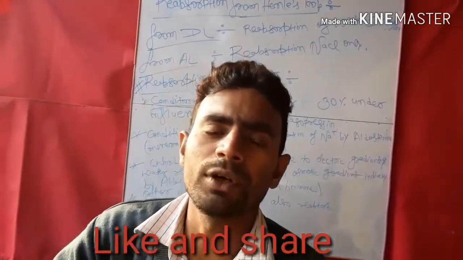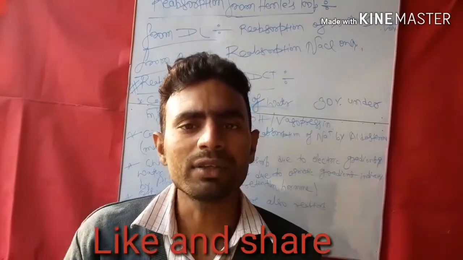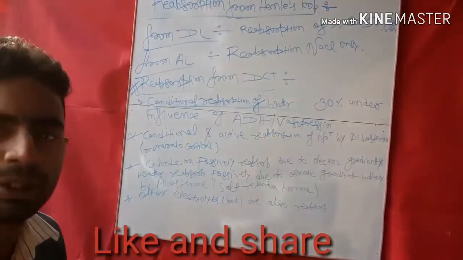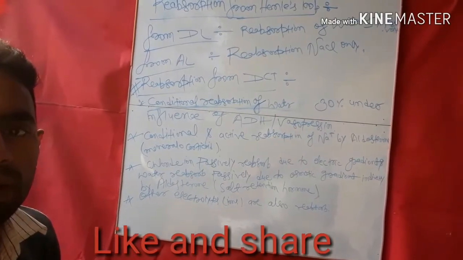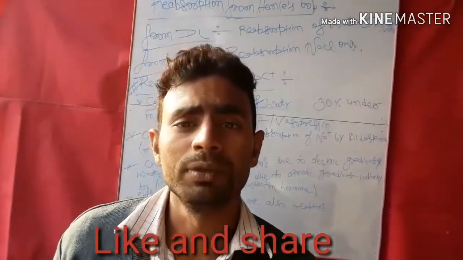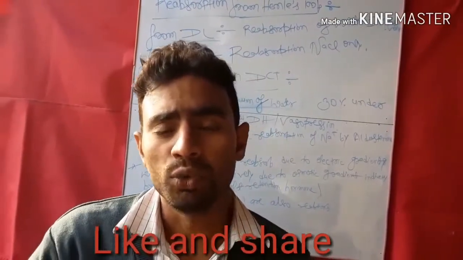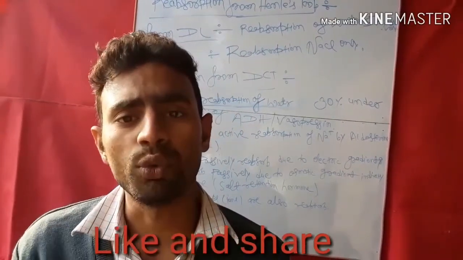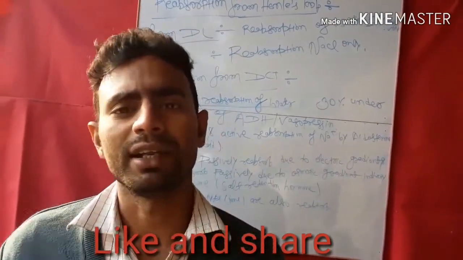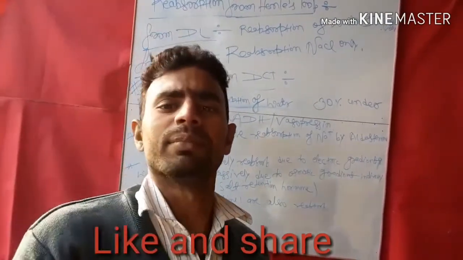What is reabsorbed? Of which things does reabsorption happen from Henle's loop? When we study Henle's loop, we study two things: one is the descending limb and the other is the ascending limb.